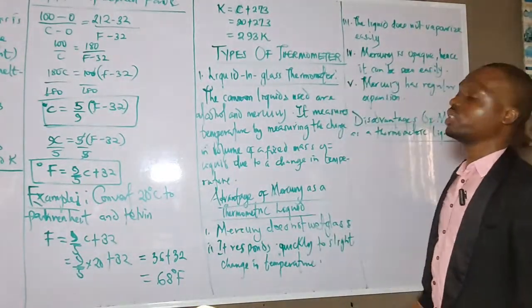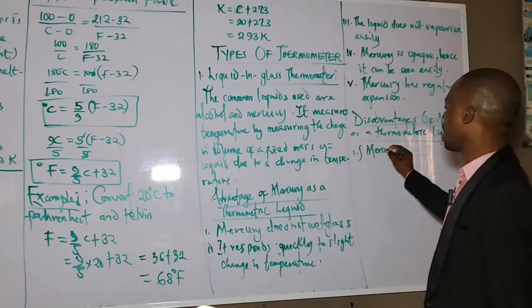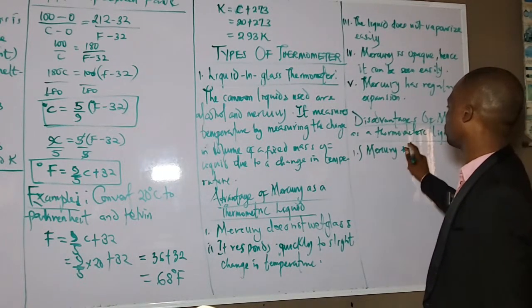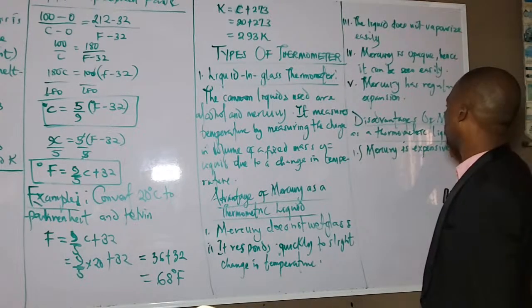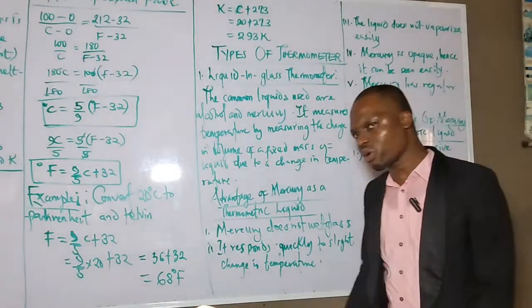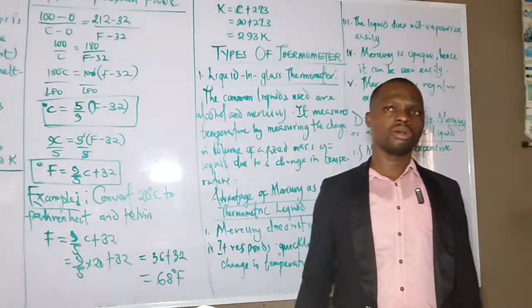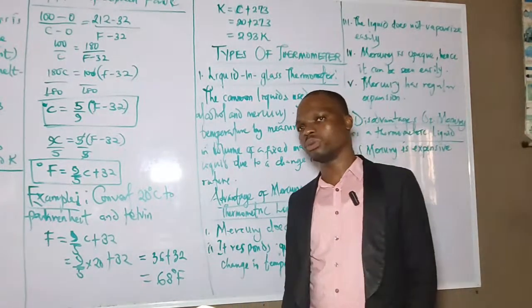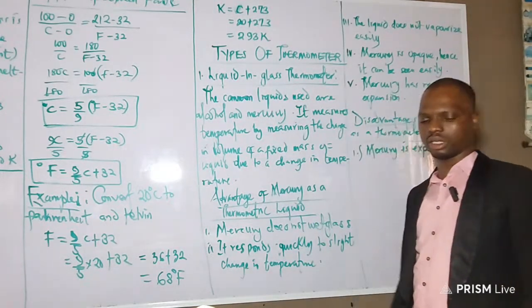Number one, mercury is very expensive. It's expensive to get. Unlike alcohol, you can find alcohol anywhere. All these kiosks, they sell alcohol. But you cannot get mercury anyhow, because of its cost. The cost of getting it is high.